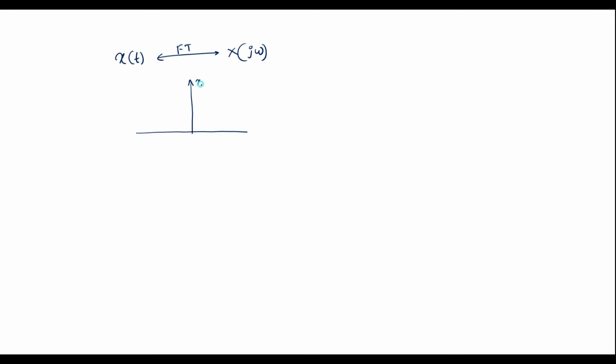Let this be x of t and say this is minus T and this is plus T. Its value exists only between minus T to plus T and its amplitude is A. So this is the representation of x of t signal.